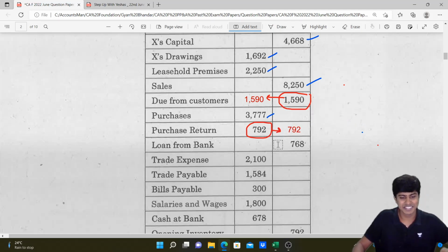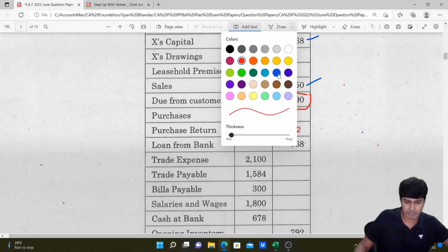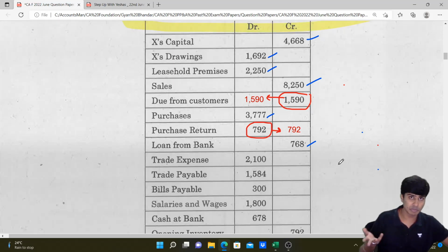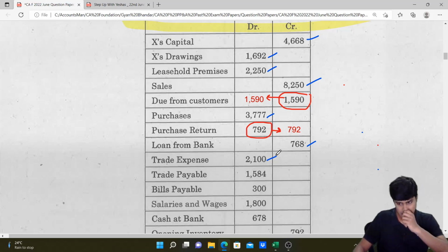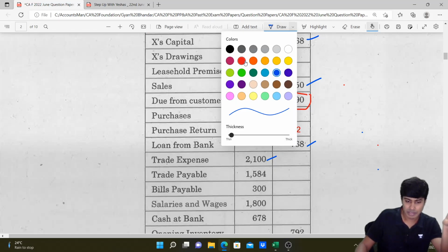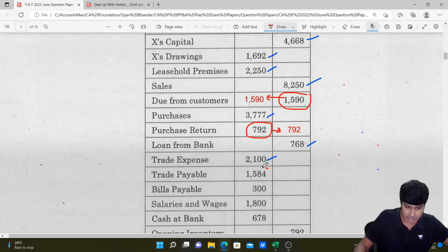792 purchase return should actually come on the credit, but it's wrongly appearing on the debit. And loan from bank: you've taken money from the bank, that appears on the credit, fantastic, no problem. Loan from the bank is a liability. Trade expense, debit balance, correct, nothing wrong. Trade payables: a payable is a liability, to appear on which side, guys?